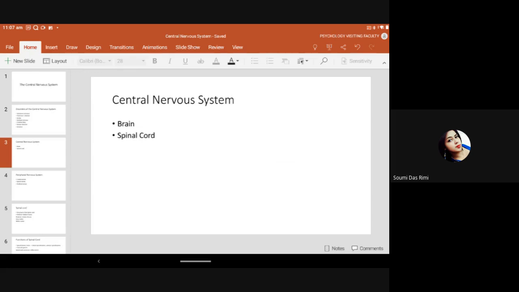Now, while we study the central nervous system, we will go through some important terms. Number one is the meninges. What are meninges? They are very delicate structures which are protected by some bones, and they are covered with the help of the meninges.